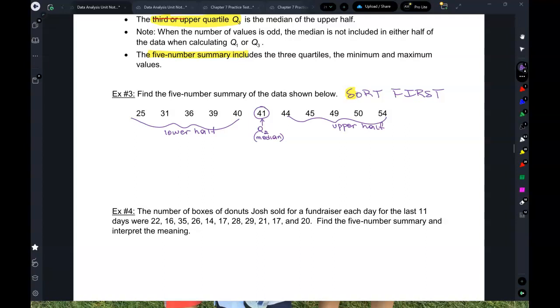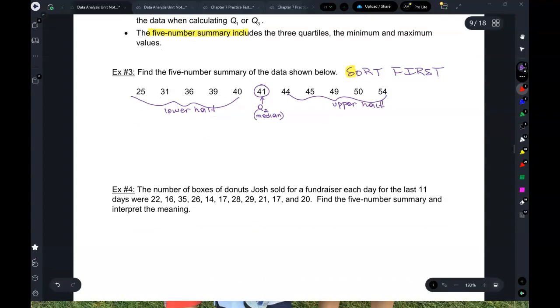All right? Okay. So now in the lower half, this is Q1. In the upper half, this is Q3. Okay. This first one is the min. This is the max.